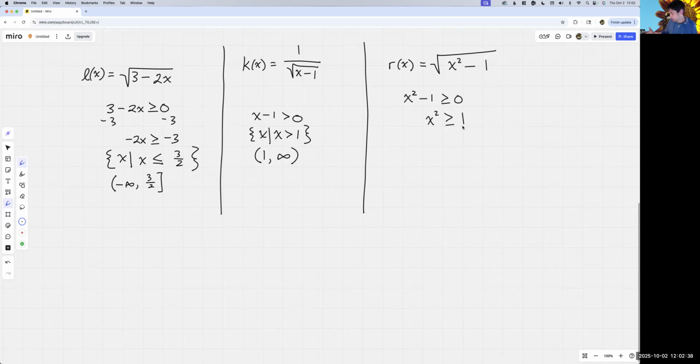Well, think it through. For all the positive numbers, if you start with a number bigger than 1 and multiply it by itself, it's only going to get bigger. So certainly numbers bigger than 1 end up bigger than 1 when squared. If a number is smaller than 1, but again, we're only talking about positives, if you multiply anything by something smaller than 1, it gets smaller.